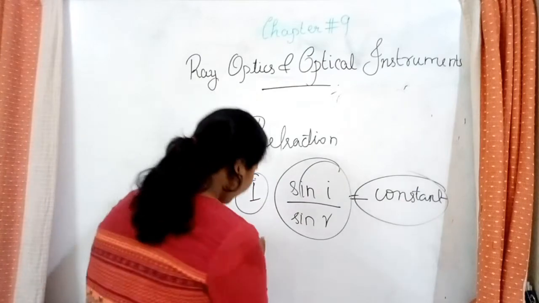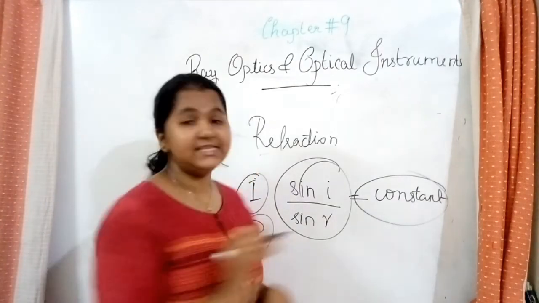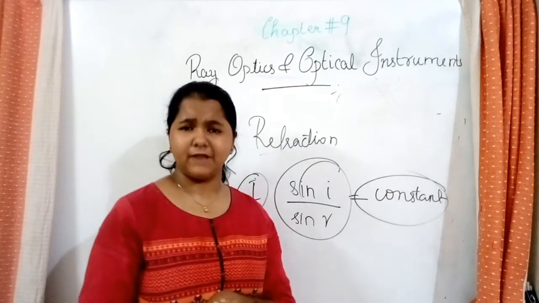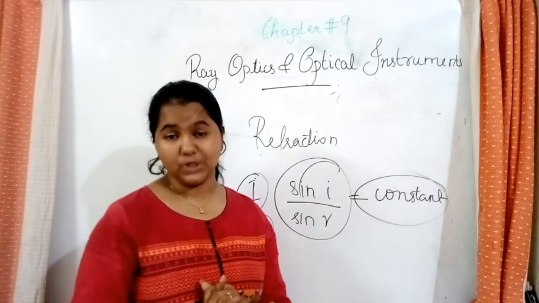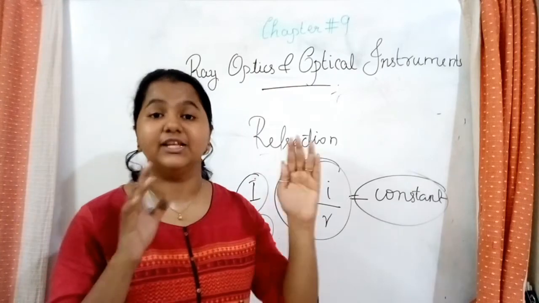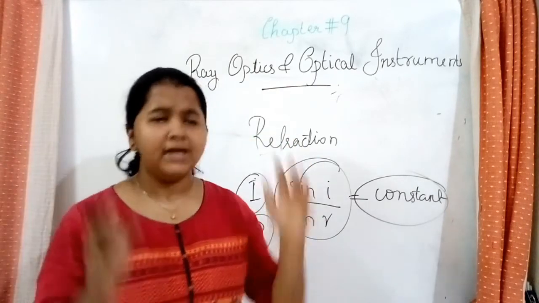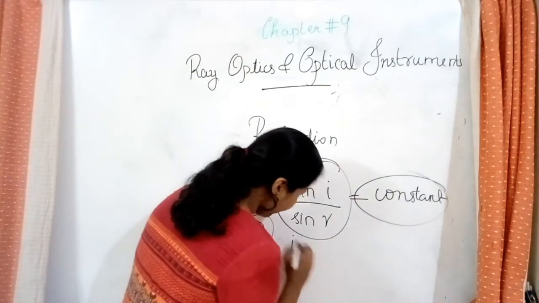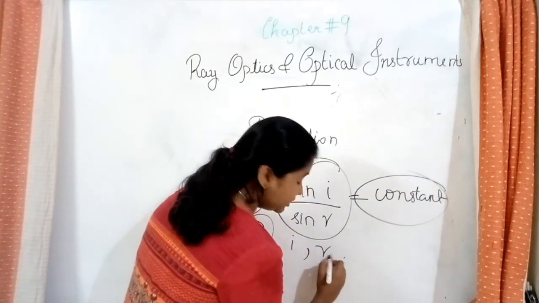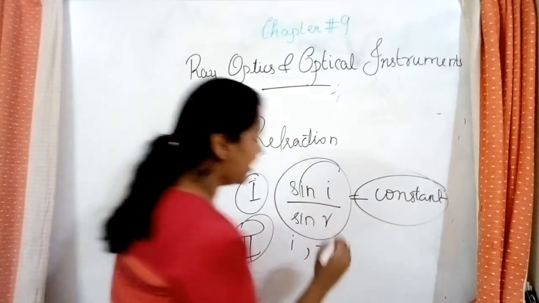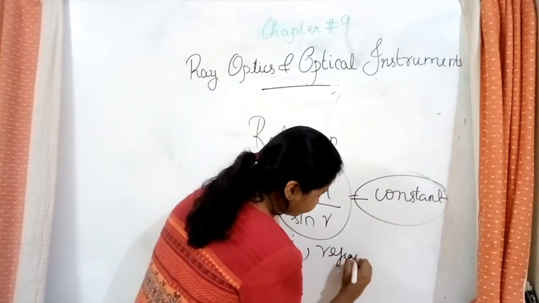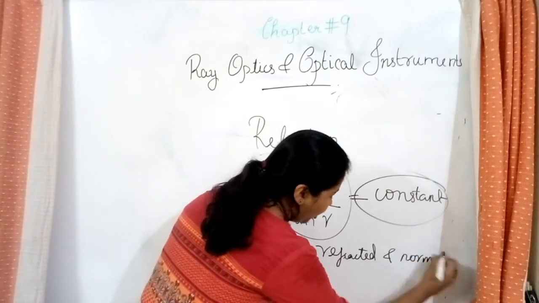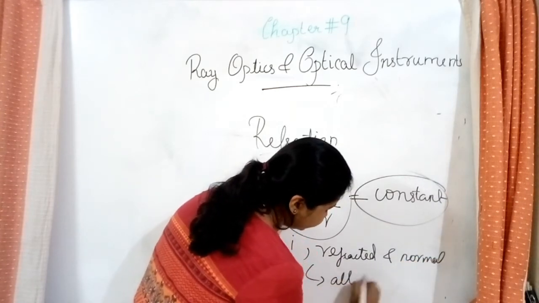And the second law, the common law, is similar to the law of reflection. So what is the law of reflection? The incident ray, the reflected ray and the normal all lie on the same plane. The same way for refraction, the incident ray, the refracted ray and the normal all lie on the same plane.